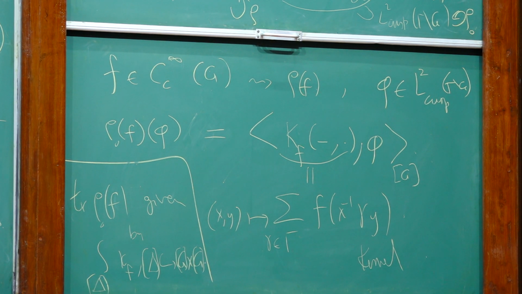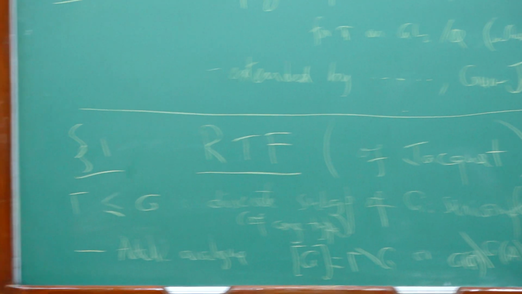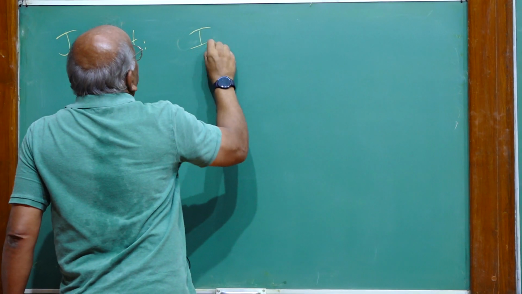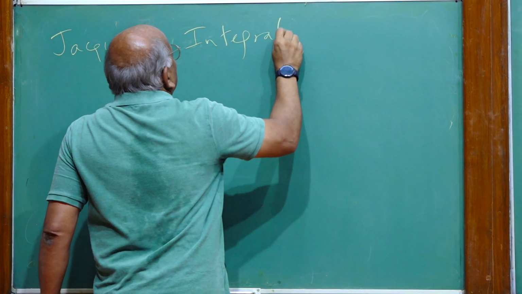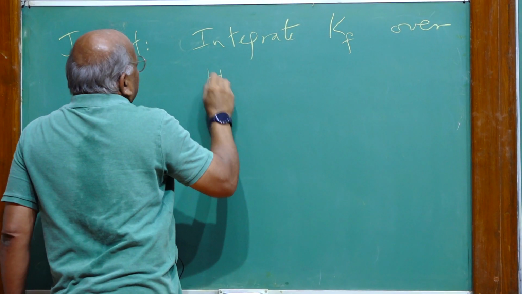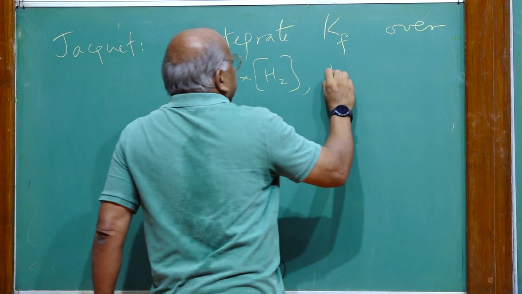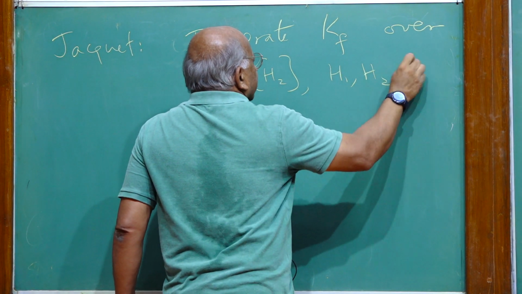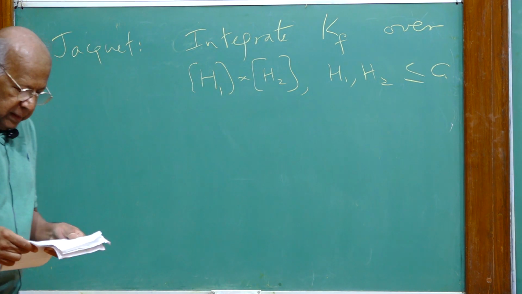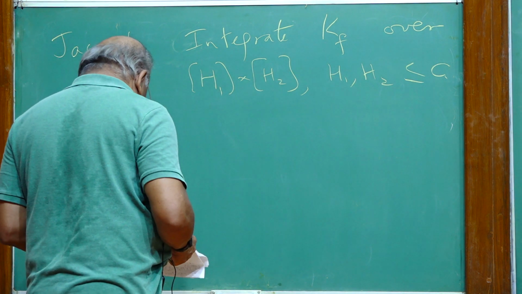All right, so Jacquet's idea was to integrate the kernel function not over the diagonal, but over some H1 cross H2, where H1, H2 are Lie subgroups of G, and typically semi-simple groups as well.